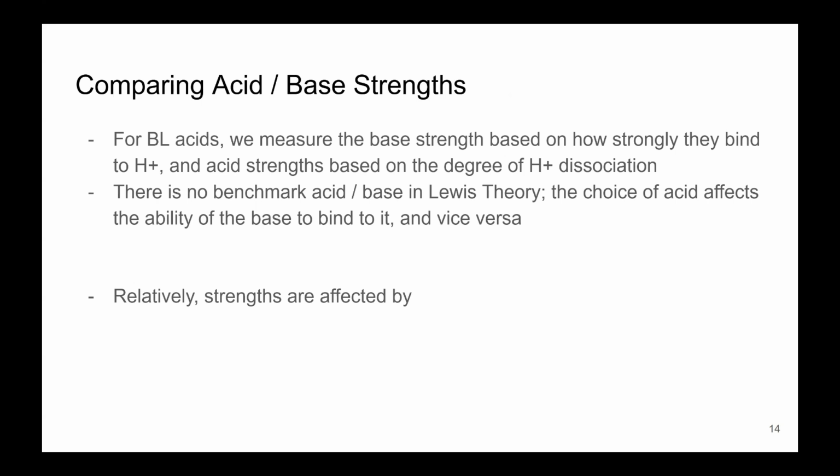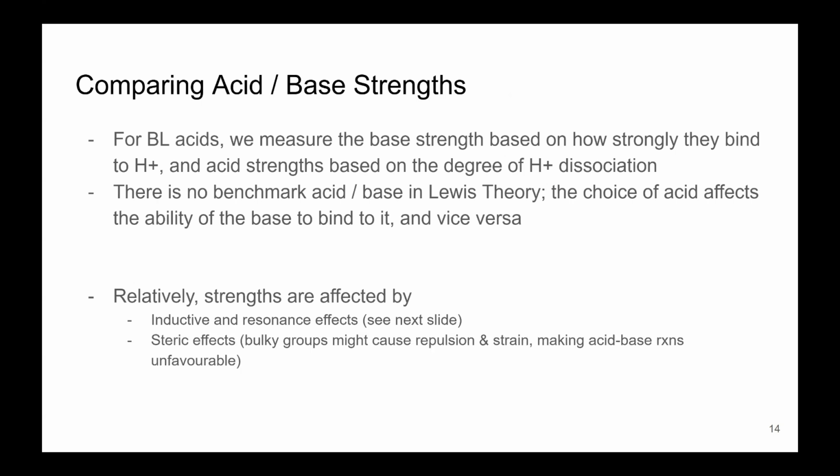In fact, we need to look at the target base that you are comparing the relative acid strength against. Relative strengths are affected by inductive and resonance effects, which I have covered before and will address more in the next slide, and also steric effects. Steric effects arise when you have bulky groups, for example C(CH3)3, butyl groups.